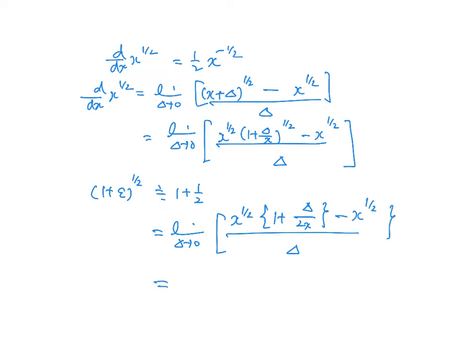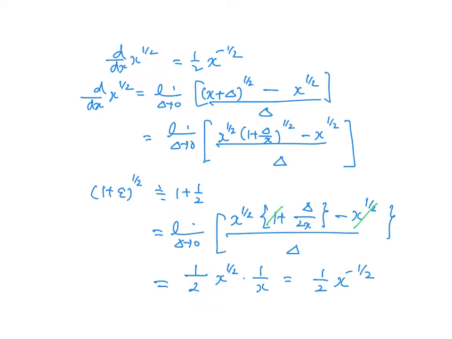So this cancels out, and it becomes 1 over 2 x^(1/2) times 1 over x.